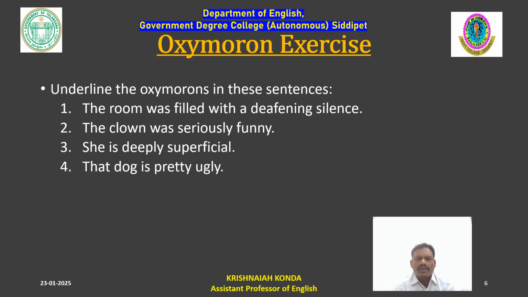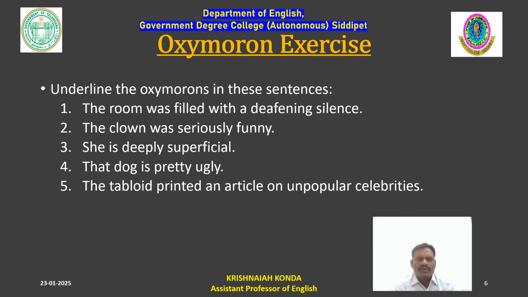Fourth one, the dog is pretty ugly. And fifth one, the tabloid printed an article on unpopular celebrities. My dear students, pause the video, try it yourself, and then check your answers. Good luck.